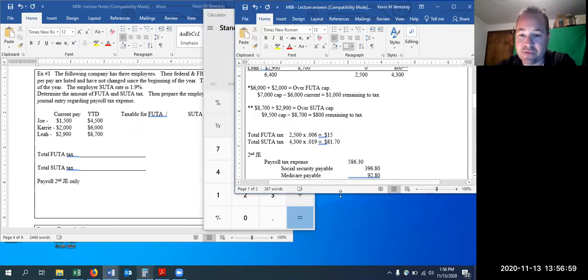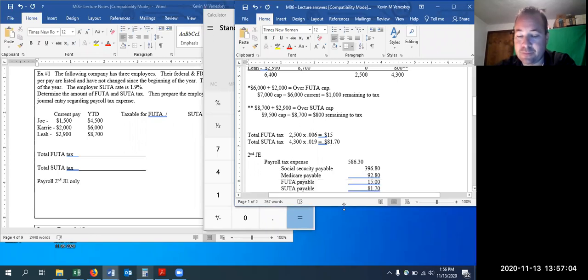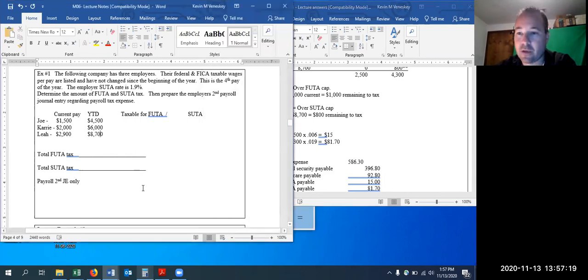And then these guys come last, FUTA payable and SUTA payable. The payroll tax expense is simply all of our credits added up. What do we owe? And that is our payroll tax expense. Okay, if you need a little extra time to get that, go ahead and pause. And I'm going to keep moving on.